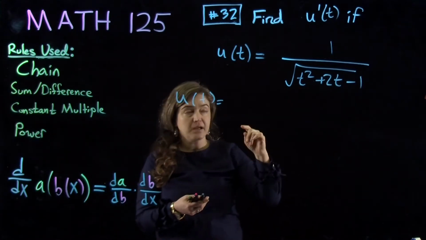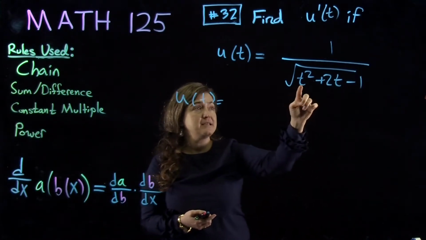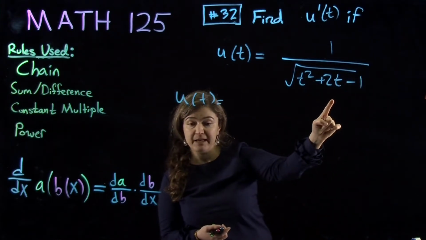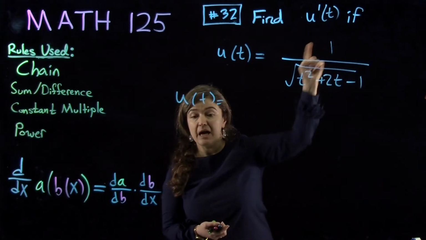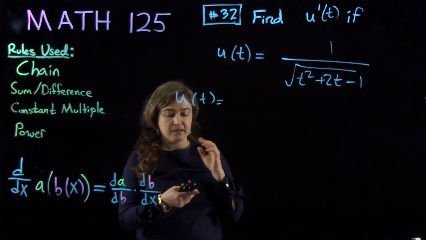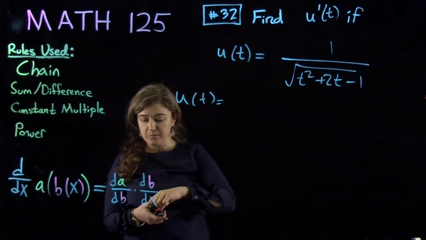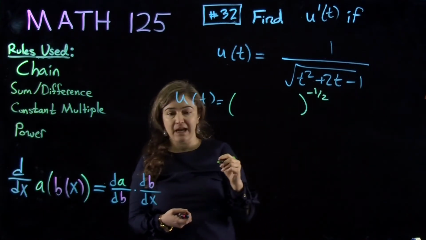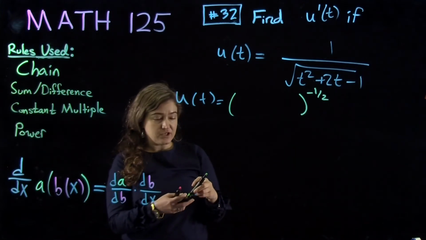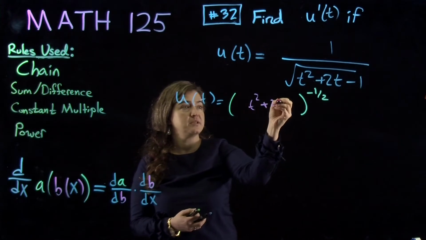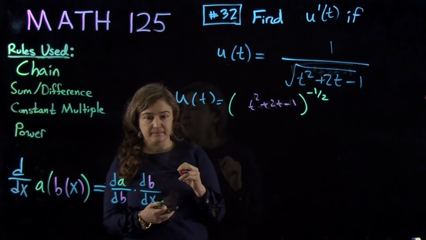In here, it's an exponent to power 1/2 in the denominator. I'm going to bring it to the top, so it would be exponent negative 1/2. Outer function is to power negative 1/2, and inner function is t squared plus 2t minus 1.